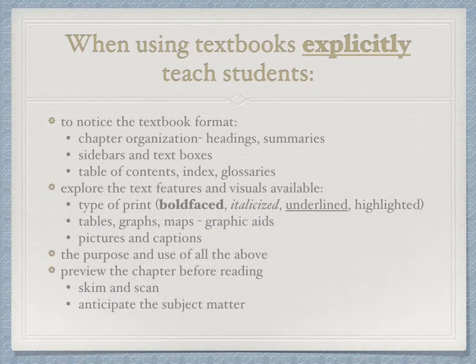When you're using textbooks, you need to make sure that you are explicitly teaching students the following. To notice the textbook format, how the chapters are organized, the headings, if they have headings, if they have summaries, if they have just little extra sidebars, things as such, so that they know how to access more information.